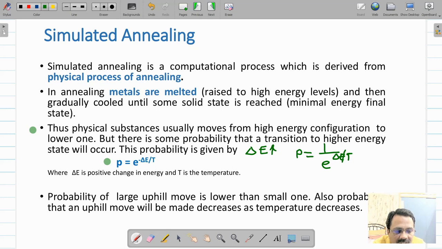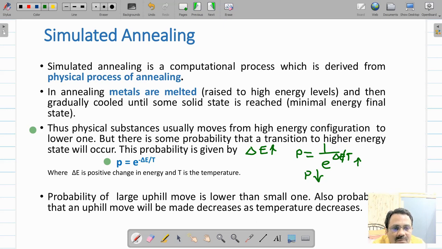Your denominator will be higher, e raised to some higher value. So you will find this probability will be less. So if change in energy is high, probability is less.